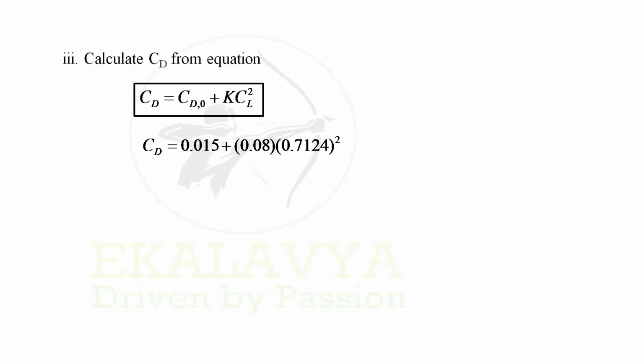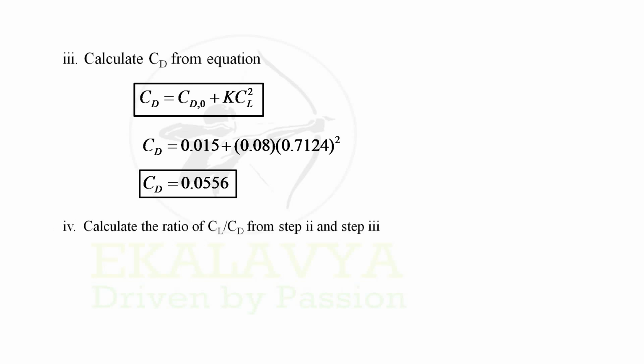The third step will be to calculate coefficient of drag CD using drag polar equation. Coefficient of drag CD is equal to coefficient of zero lift drag or coefficient of parasitic drag CD naught plus coefficient of lift induced drag CDI. CDI in turn can be expanded as K into CL square. Substituting CD naught as 0.015, K as 0.08 and CL, which was obtained as 0.7124 in the CD equation, and calculating we get CD as 0.0556.